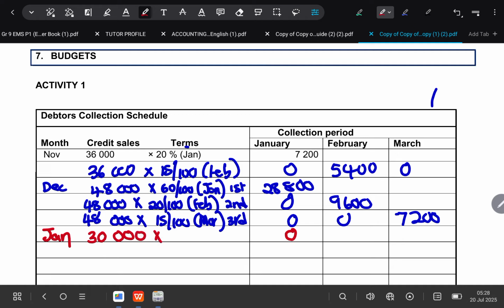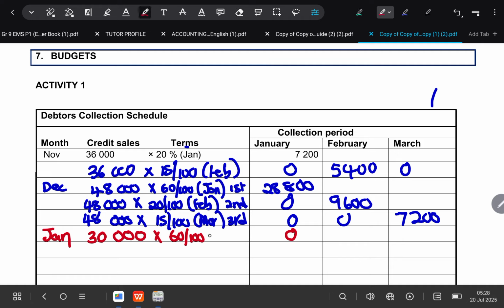So here we'll collect 60%, and remember, this is in the first month, right? The collection will be done in February. So you need to know that. Okay, so I'm going to erase this here and put a note somewhere.